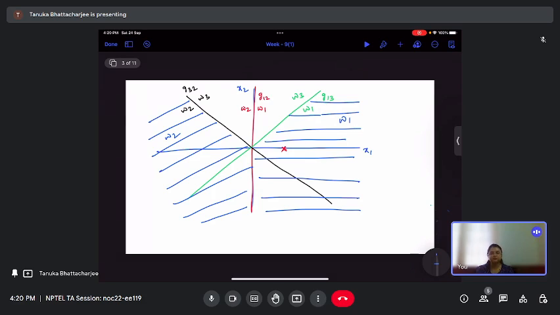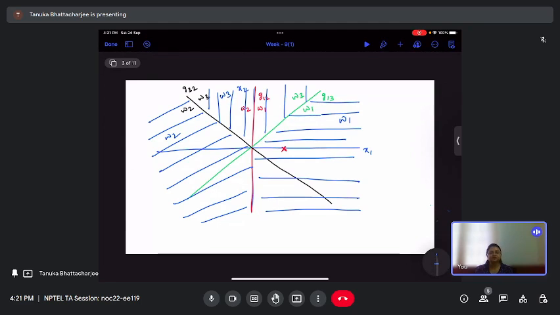You will have to take that intersection, so it will be this part. This will be your omega 3. So this is how the entire feature space is distributed among the different classes.